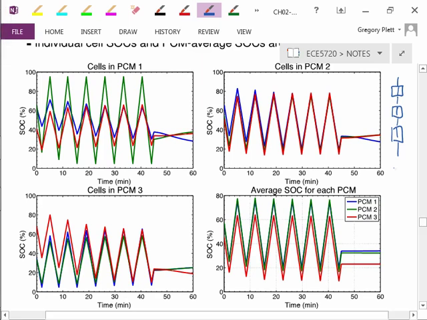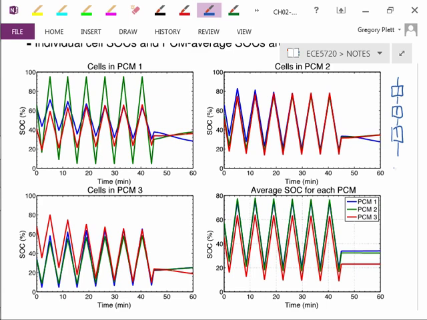In PCM number 1, the top left plot, we see the initial states of charge are quite random, as expected. I've got a red line, a blue line, and a green line showing the different cells. Blue is cell 1, green is cell 2, red is cell 3. Not that it matters because they're really indistinguishable in practice.